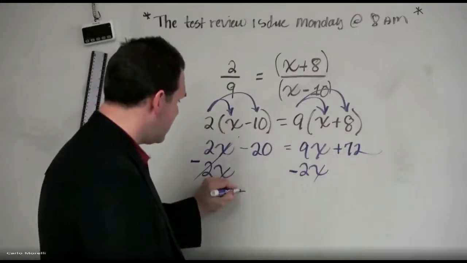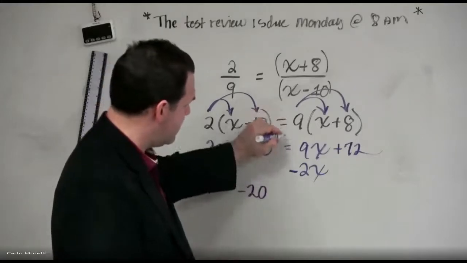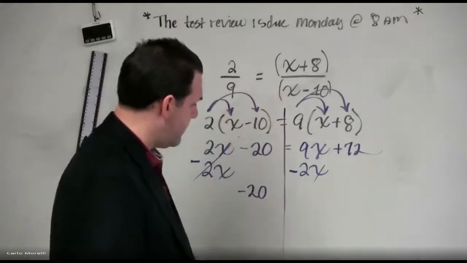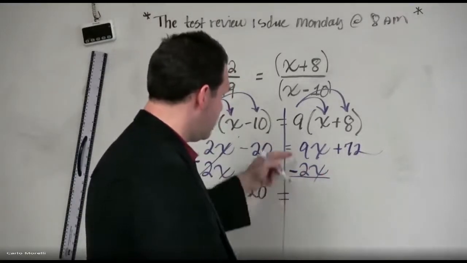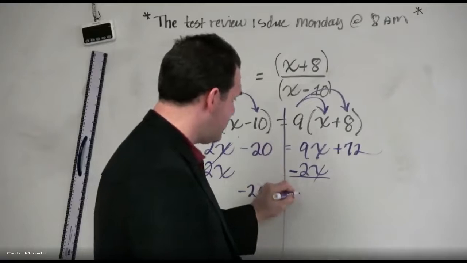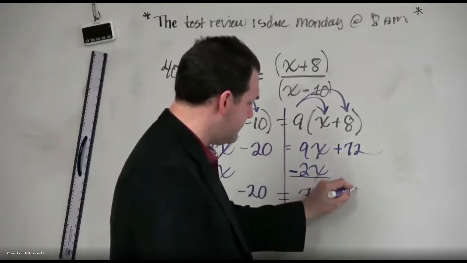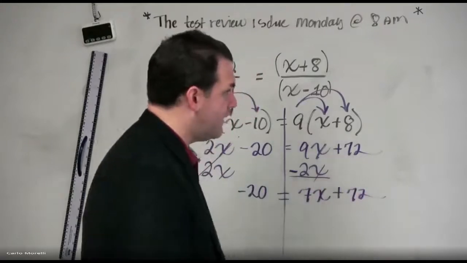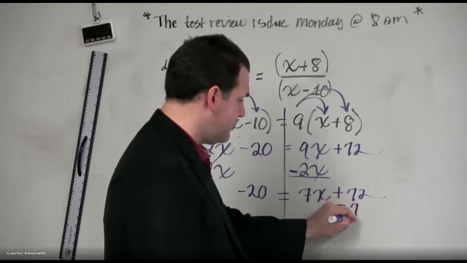Now I've got negative 20. Sometimes this bar helps people. And that equals 9 minus 2 is 7, so 7x plus 72. And now the additive inverse of 72 is negative 72.